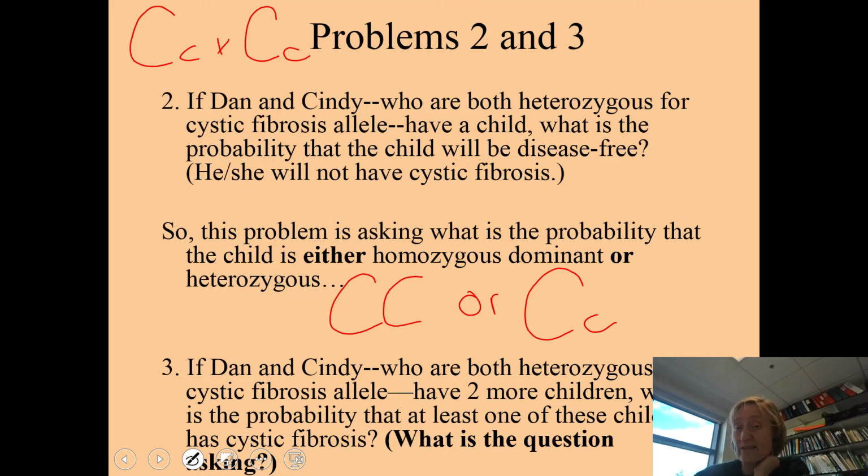Or you could have a situation in which your first child is healthy, but then your second child has the disease. There are different ways to get this situation. We have to take that into account when we're solving this problem. And so on the next couple of slides, I wrote out essentially this question in probability format, and you'll see if it makes sense.